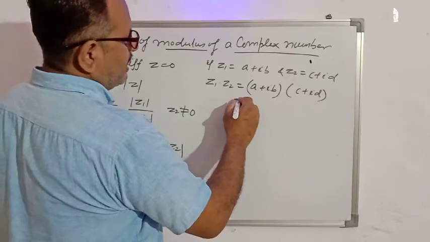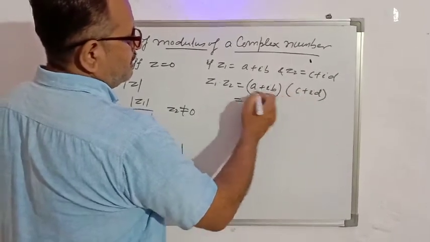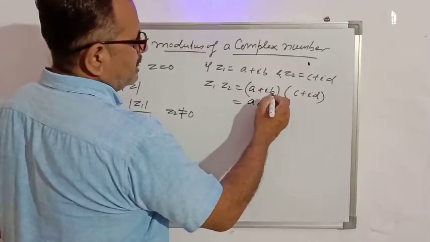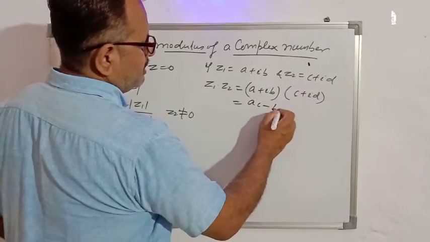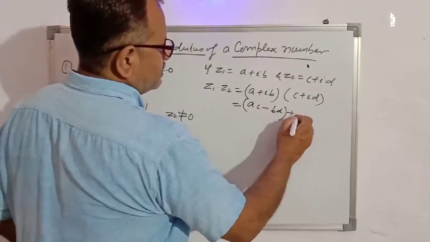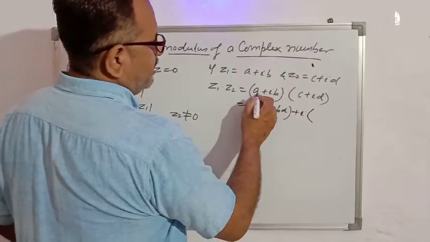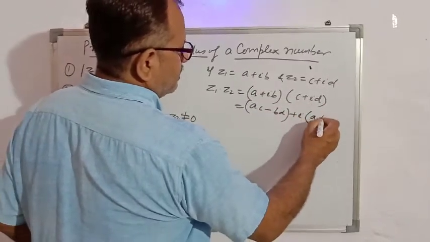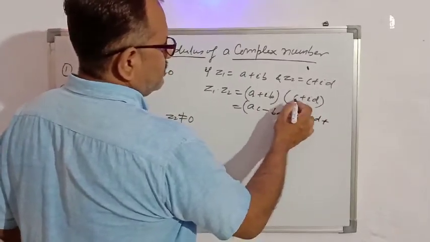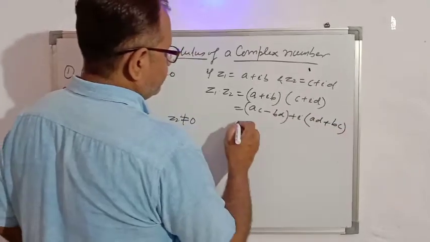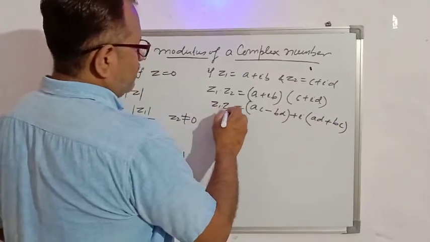How can we multiply it? Product of the real parts ac minus product of the imaginary parts bd, plus i times ad plus bc. It is z1 into z2.